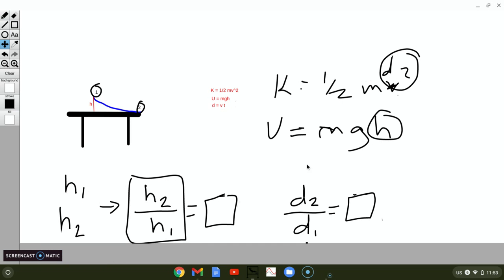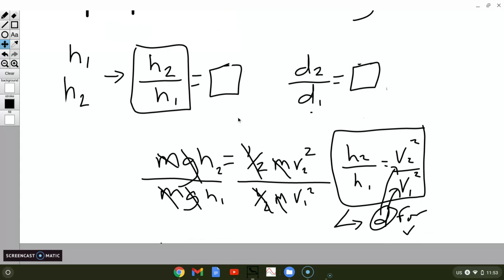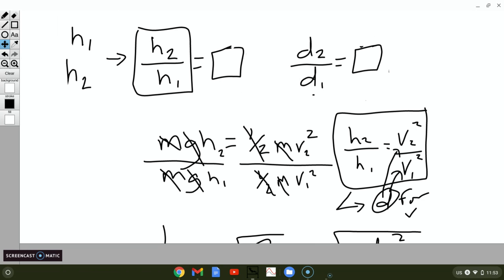So what we did here, I showed you right here, is we took mgh2 equals 1/2 mv2 squared, and we divided by mgh1 and 1/2 mv1 squared. All those things canceled, and we were left with this relationship, where h2 over h1 equals v2 squared over v1 squared.